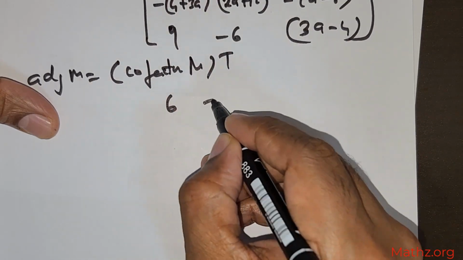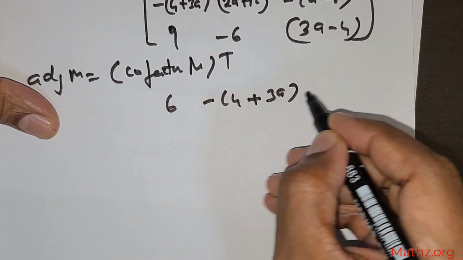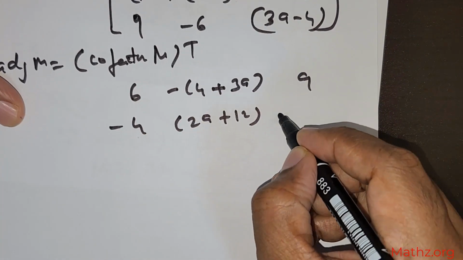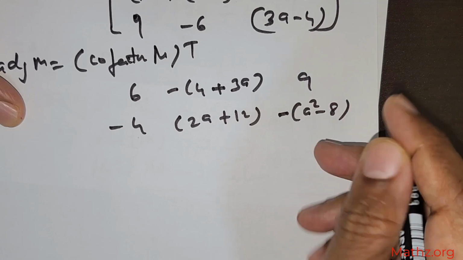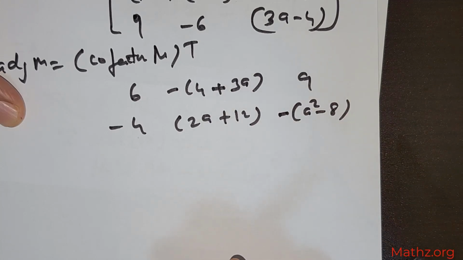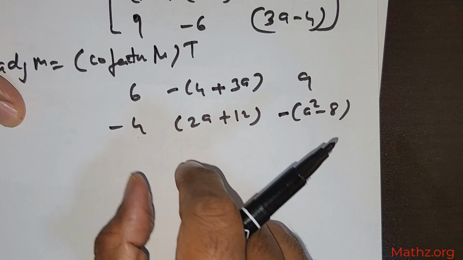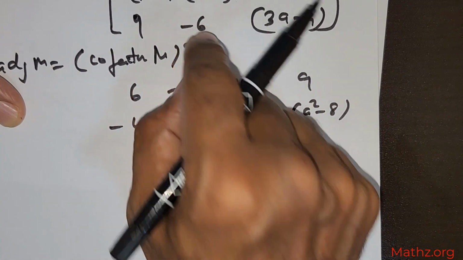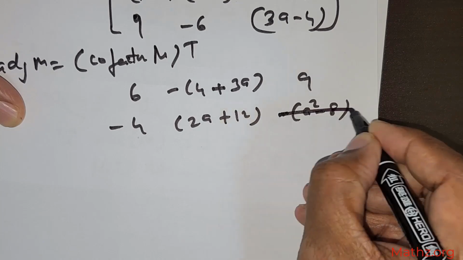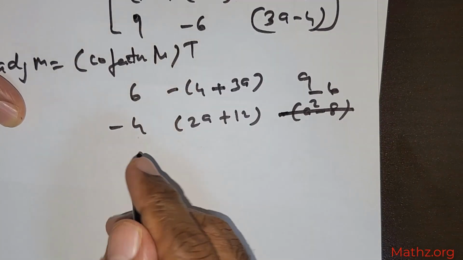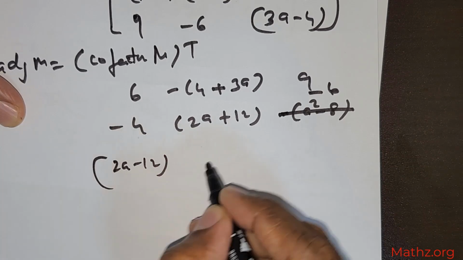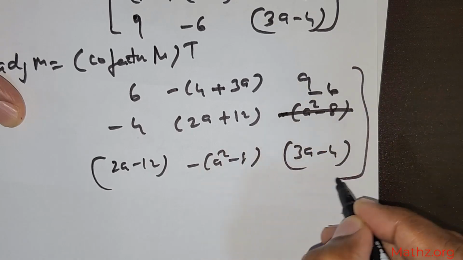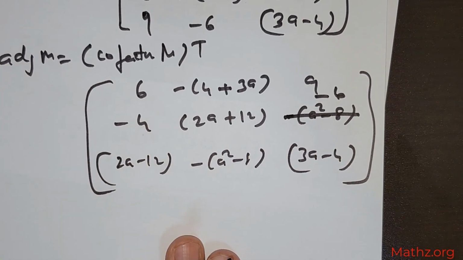So this is going to be 6 negative of 4 positive 3A of 9, negative 4 2A positive 12, negative of A squared negative 8, 4 2A, so this is going to be negative 6, and then 2A negative 12, negative of A squared negative 8, 3A negative 4. So this is the adjoint matrix.